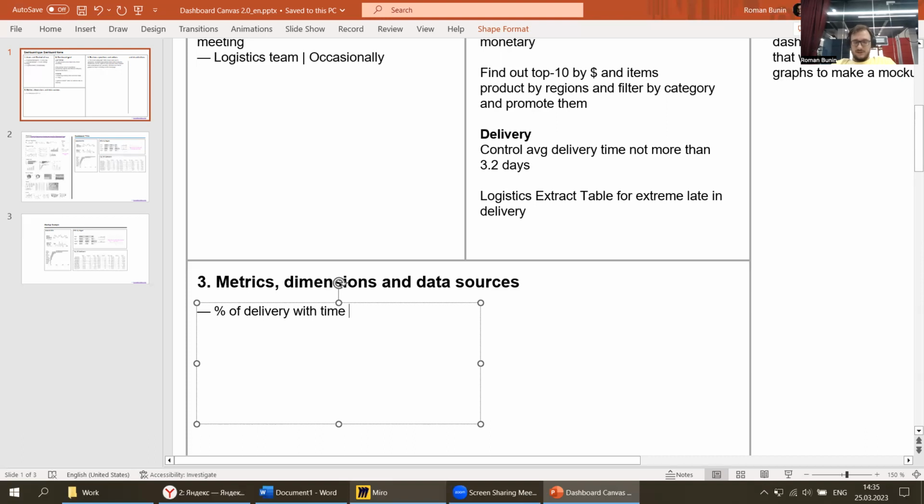Okay, which next one? Monetary sales. Okay. Sales. Okay. Orders delivered late. Orders delivered late is the first one. I mean, share of delivery. Yes. Yeah, sorry. Yeah, it's okay.